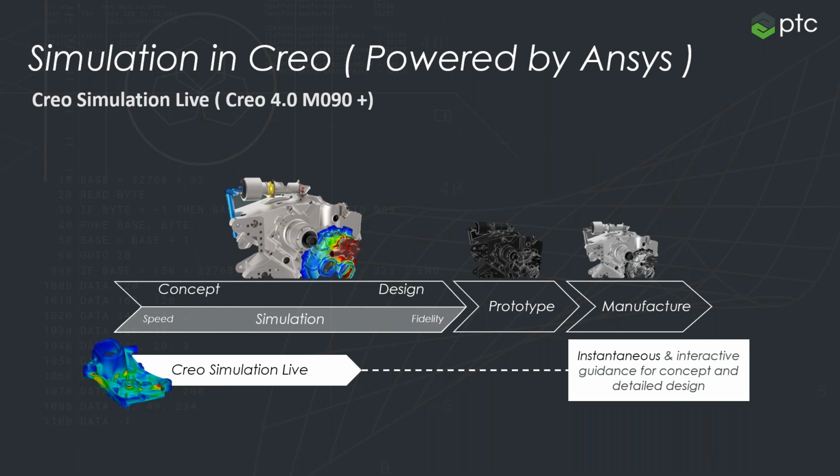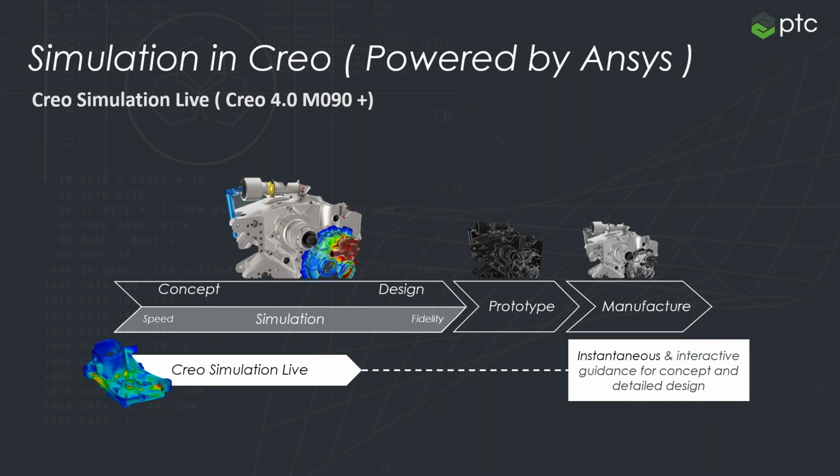They're able to apply some boundary conditions and loads and quickly get feedback without even doing any type of mesh per se or doing the typical pre-processing work that you're all used to doing in a traditional FEA solution.